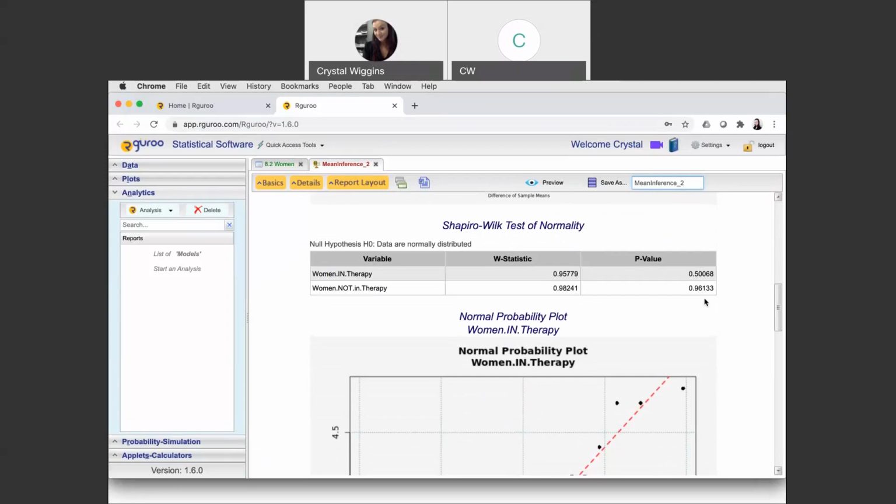So that indicates to us that yes, we would fail to reject the null hypothesis that the data is normally distributed. That's how you read the test for normality. Large p-values, bigger than your significance level, fail to reject, data is normally distributed. Small p-values in this particular test would indicate we reject the null, and that would mean that your population was not coming from a normally distributed population.